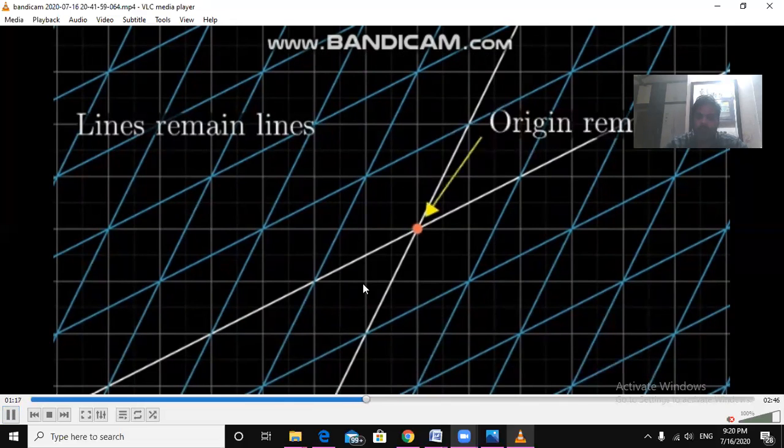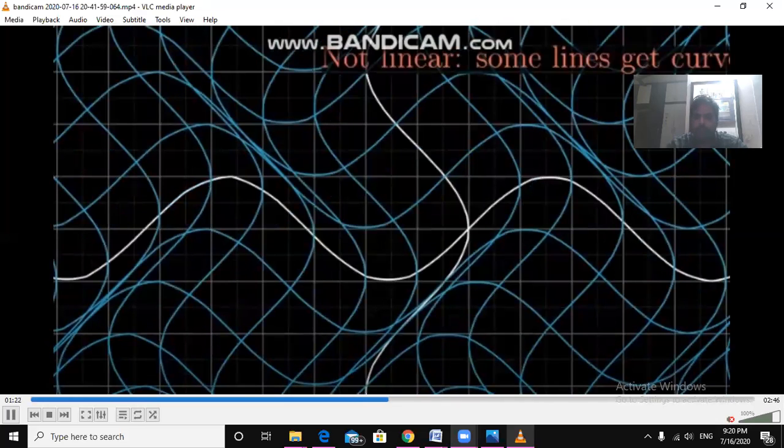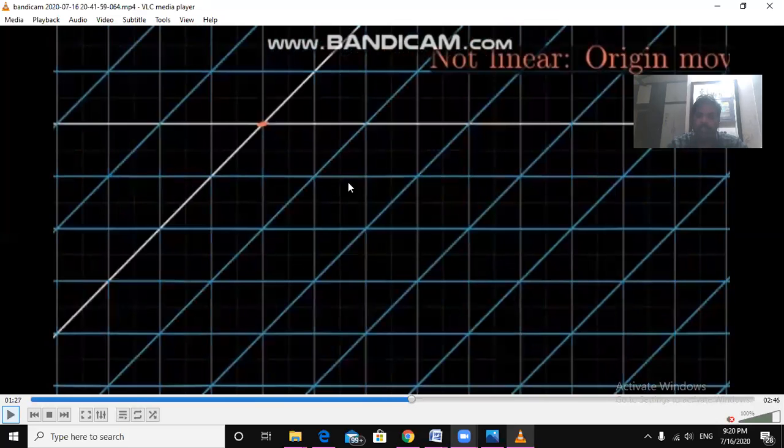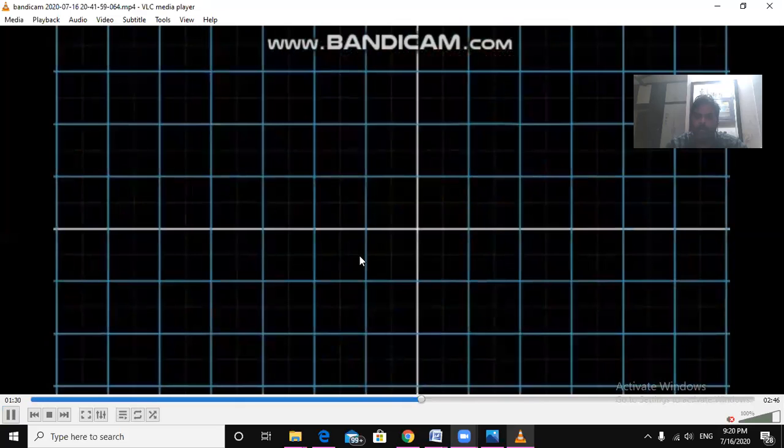If you look at some examples, this is not a linear transformation because the lines are transformed to curves. This is also not a linear transformation. The lines remain lines, but the origin is shifted somewhere, so this is also not a linear transformation because the origin is moved. Now here I am keeping the origin at the same place.